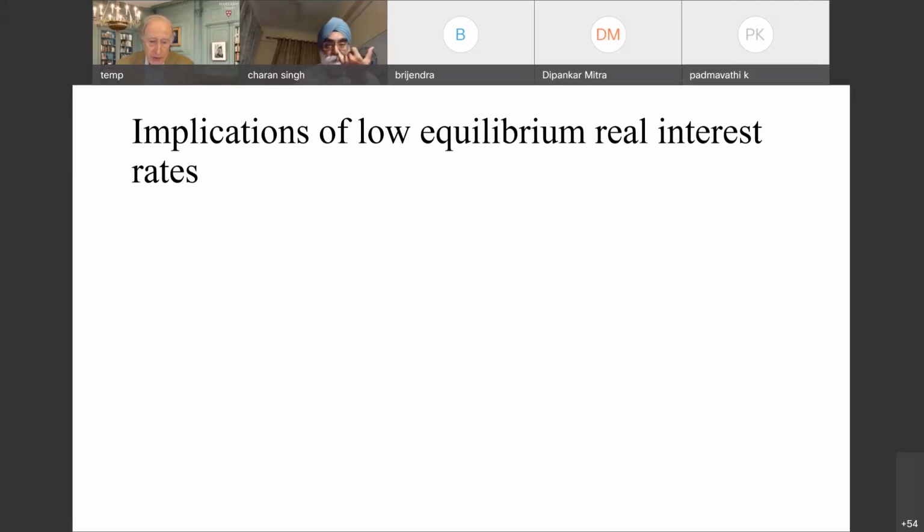It's a difficult forecast to make because the truth is we don't know, I don't think, why equilibrium real interest rates are so low. So if you don't understand why a phenomenon has occurred, then you're not in a very good position to predict whether it will continue or not. But I'm going to contemplate potential questions of what happens if it does continue.